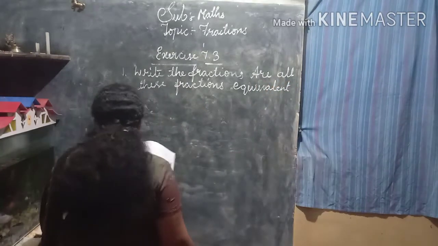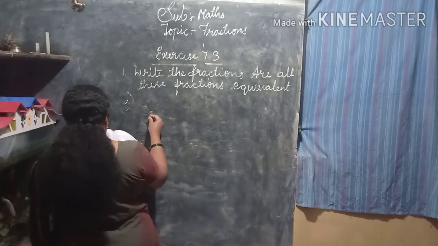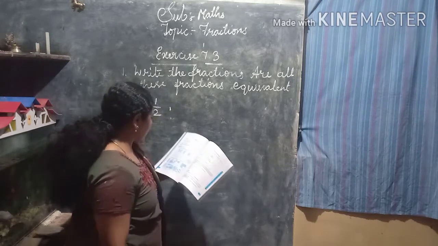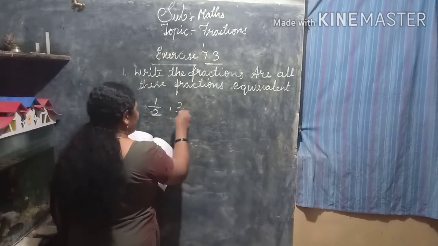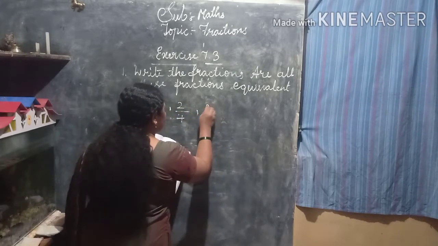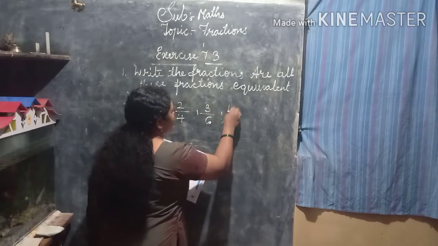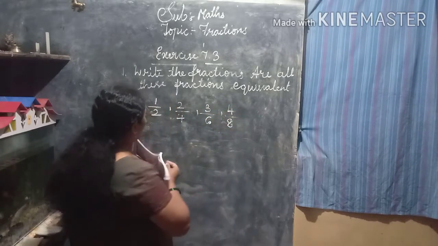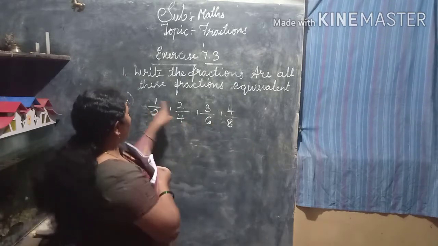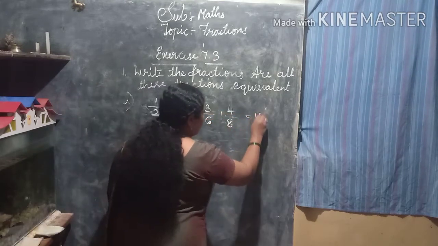Okay, so let us see the first one, A part. In the A part, it is given 2 halves, right? It is 1 by 2. Second figure, it says 2 by 4. Third one is 3 by 6. And the last one is 4 by 8. Obviously, these are equivalent, right? 2, 4, 6, 8. 1, 2, 3, 4. Okay, yes, it is equivalent.